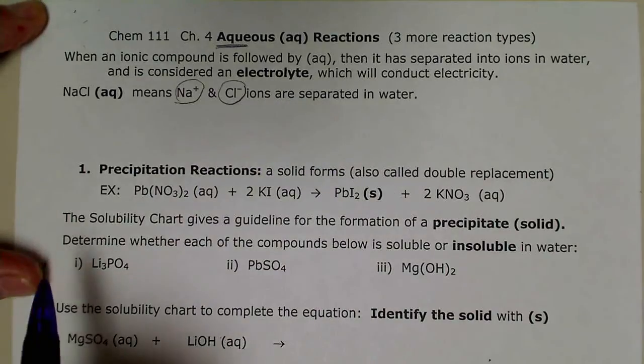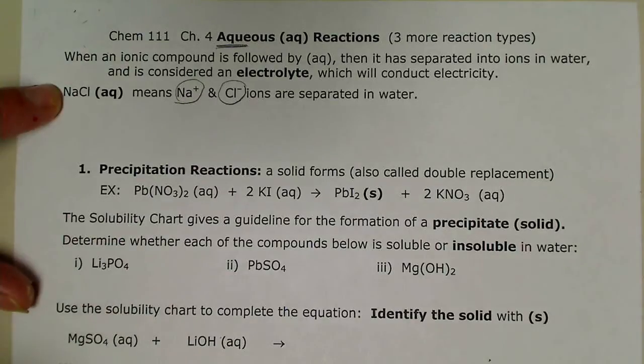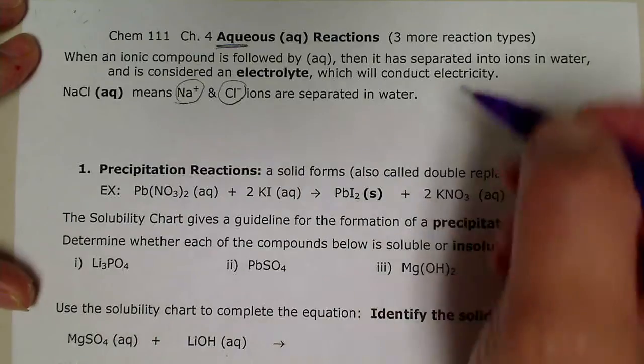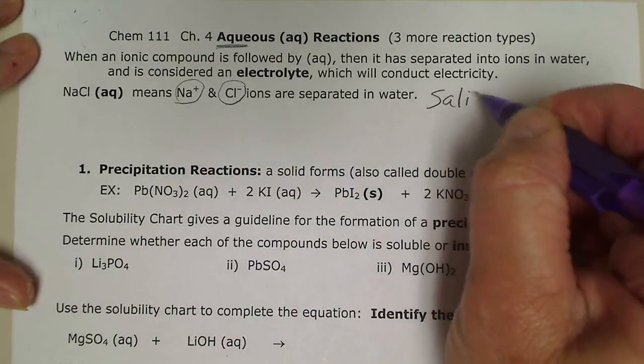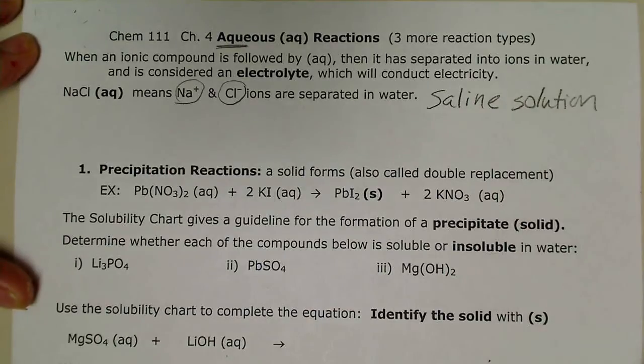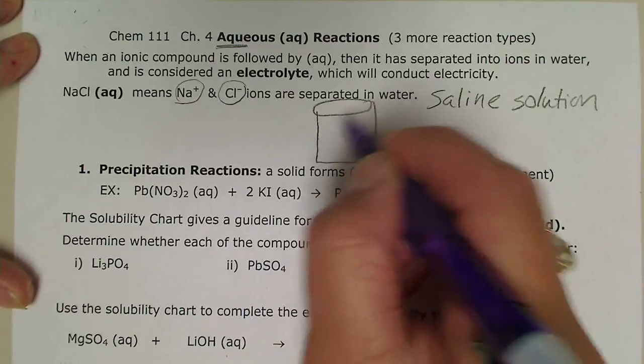So an ionic compound, remember, has a metal that has a charge and a nonmetal that has a charge. So if we have a solution of salt water or saline, a saline solution, then we would have water as our solvent.